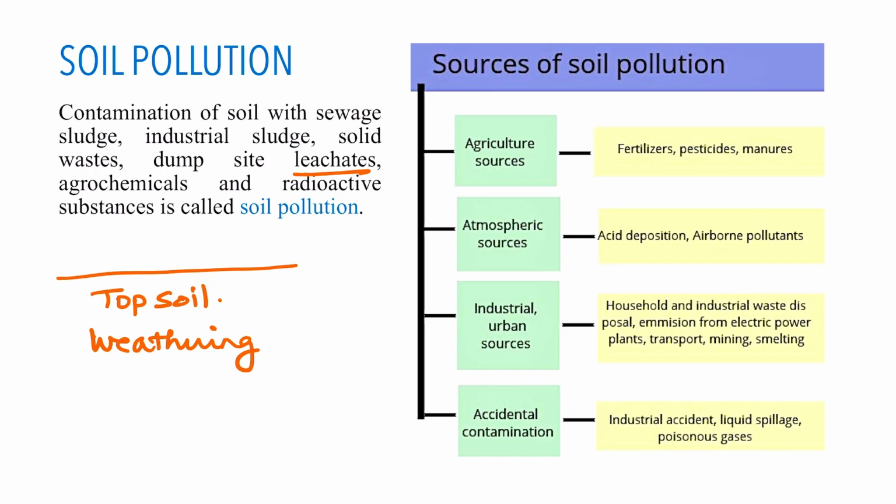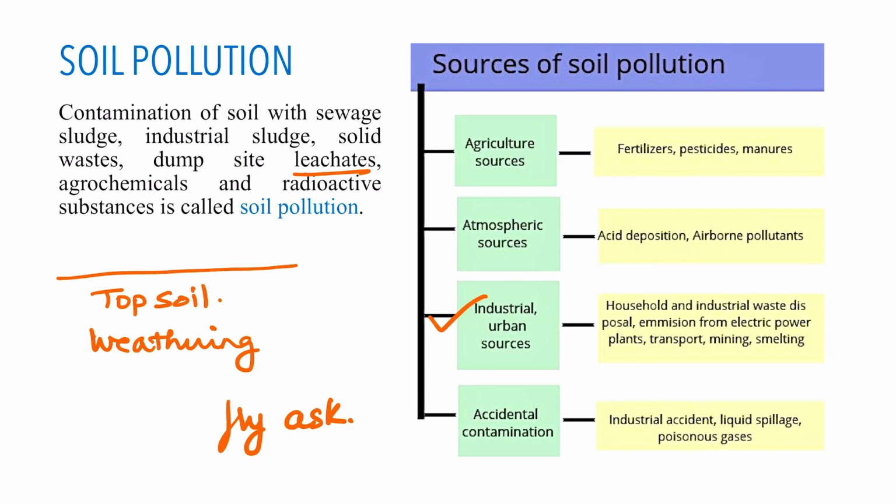Now coming to various sources of soil pollution. We have various industrial sources, like paper mills, textile industries, steel industries, distilleries, which produce a lot of waste which is dumped into the soil. Then many thermal power plants produce a lot of fly ash, which again settles into the soil.